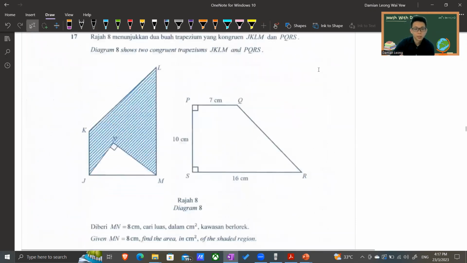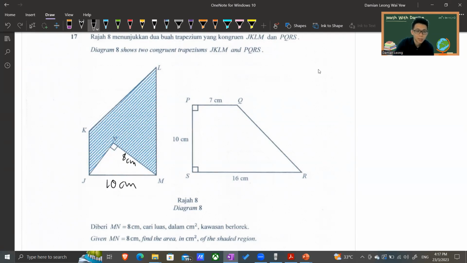Then question 17. I have two congruent trapeziums, JKOM and PQRS. Okay. I'm given MN is 8 cm. I want to find area of the shaded region. So these are two congruent trapeziums, which means here should be 10 cm, same as this one.